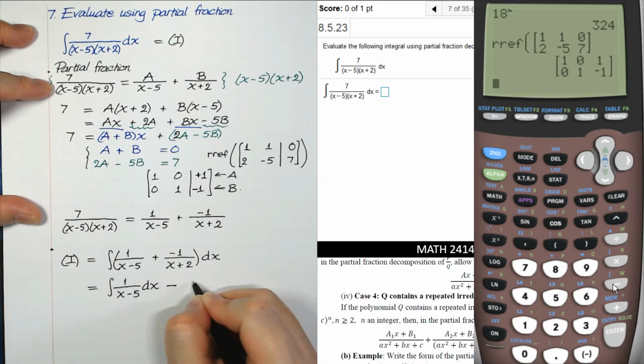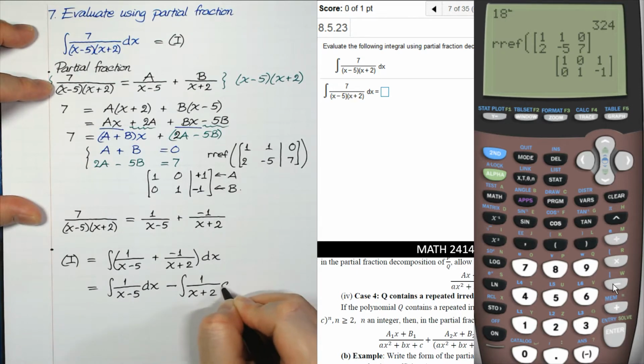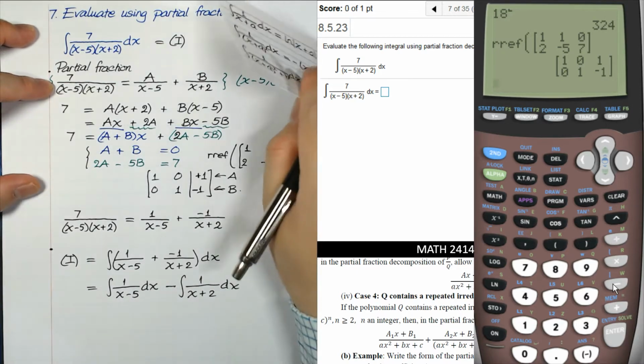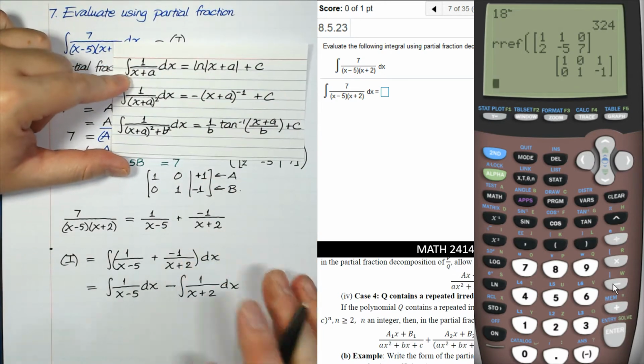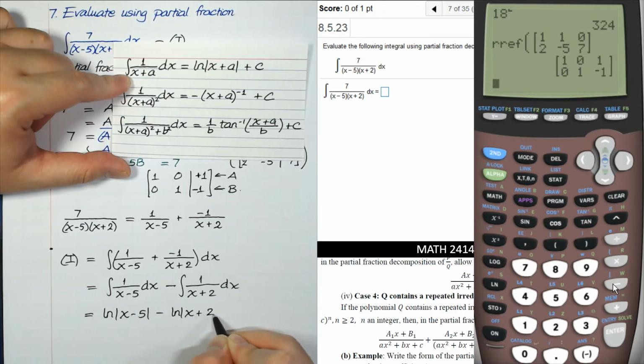I'll take the negative 1 out. And now we use the first one, which gives us ln of x minus 5 minus ln of x plus 2 plus c.